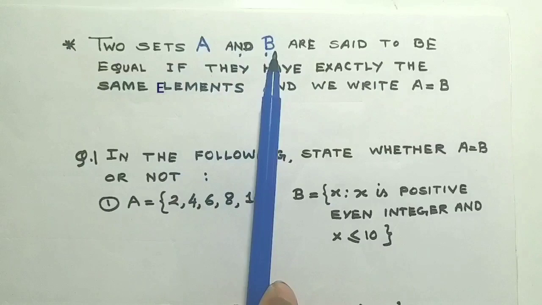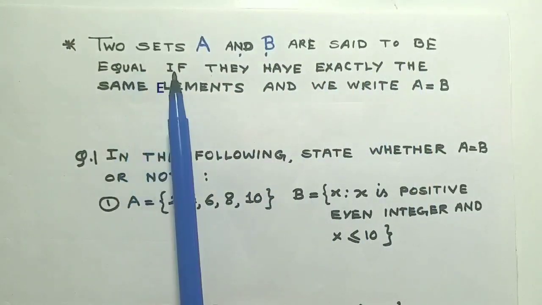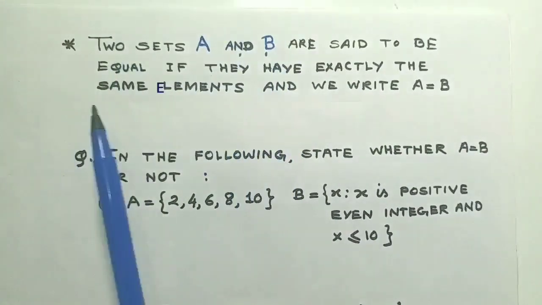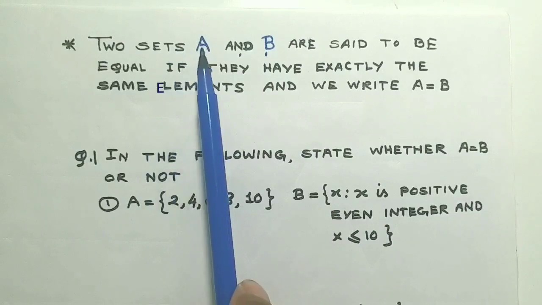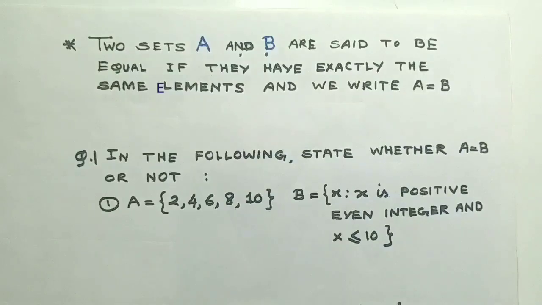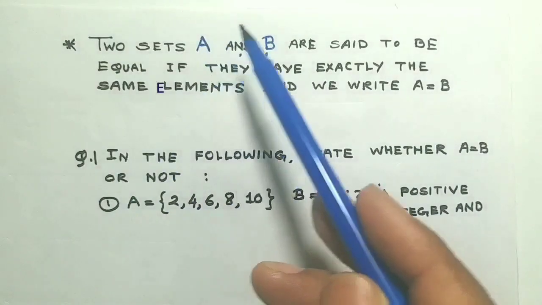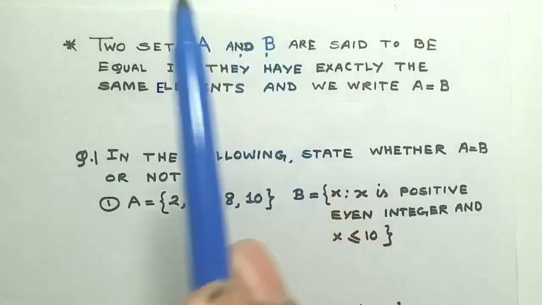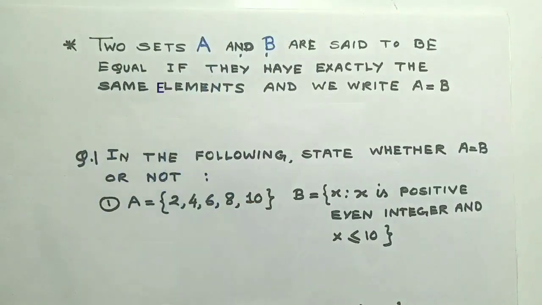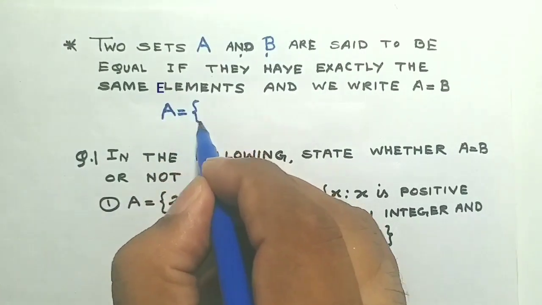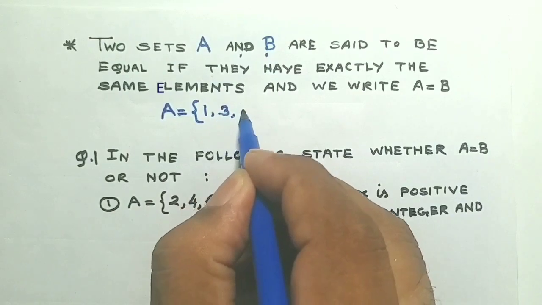Two sets A and B are said to be equal if they have exactly the same elements. Here they means A and B both, and the elements in A are exactly the same as in B. Then we write A equal to B. The number of elements in A and in B must be equal, and the elements in B are the same as the elements in A. In this situation, we say A is equal to B. For example, A is equal to {1, 3, 8}.